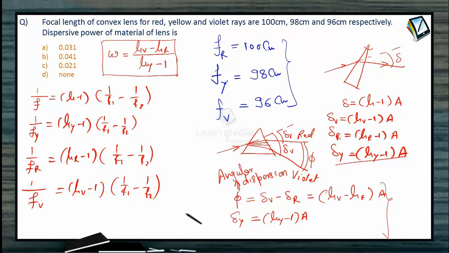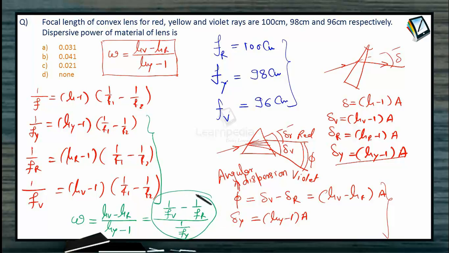We have to find the value of omega, and we can arrange these expressions like this. Omega is mu violet minus mu red divided by mu yellow minus 1. So we can write it as 1 upon f violet minus 1 upon f red divided by 1 upon f yellow.